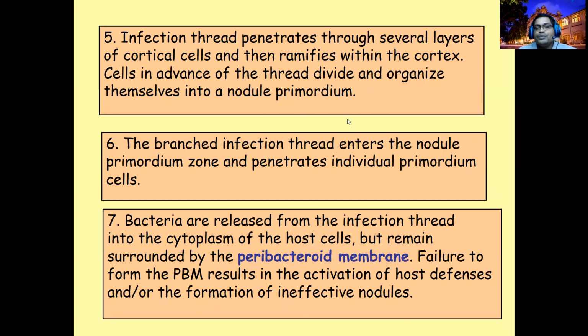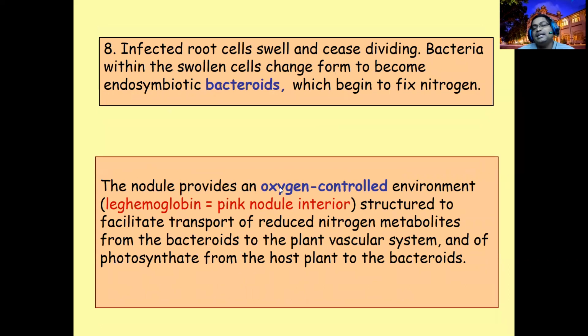Finally, the peribacteroid membrane surrounds the cytoplasm of the root and the bacterial DNA, and it will work independently, right? This bacteria works independently, an endosymbiotic bacteroid.